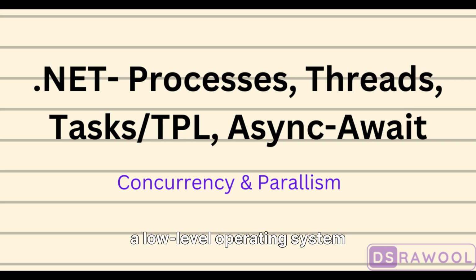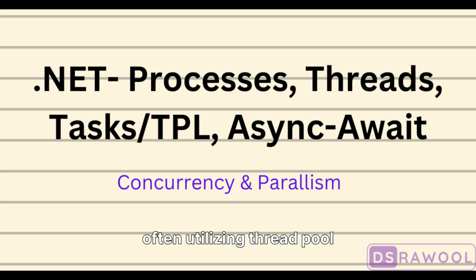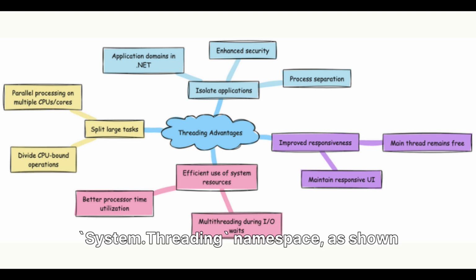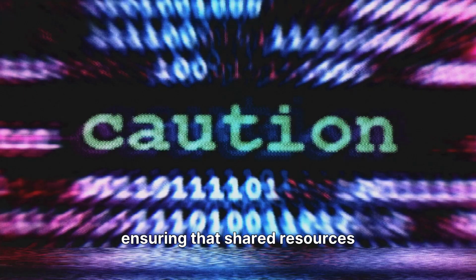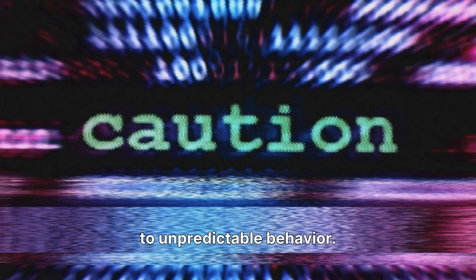While a thread is a low-level operating system construct representing an actual OS thread, a task is a higher-level abstraction representing an asynchronous operation, often utilizing thread pool threads for efficiency. You can create a new thread using the System.Threading namespace, as shown in this straightforward example. It's crucial to briefly touch upon thread safety, ensuring that shared resources are accessed without causing race conditions or data corruption, which can lead to unpredictable behavior.